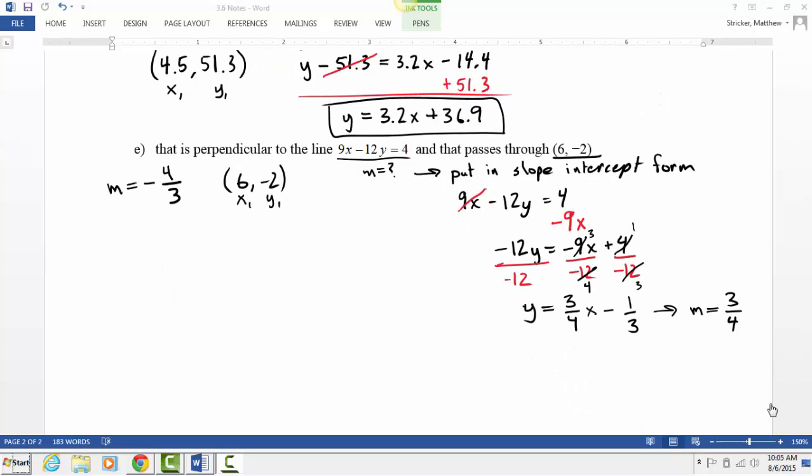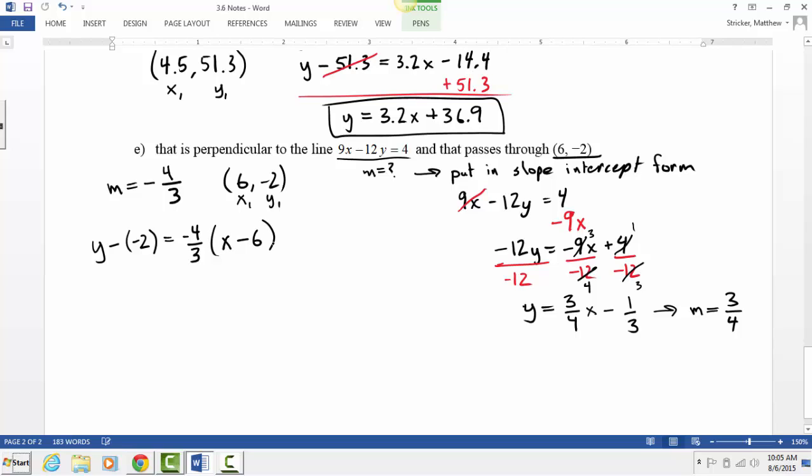So plugging in what we have here, we have y minus y1, and we have to be careful here with the sign. It's going to end up becoming a plus 2, right? Equals a slope of negative 4/3 times x minus x1, which is 6. And then we go ahead and simplify. This becomes y plus 2, the double negative rule. Distributing, we have negative 4/3 times x is negative 4/3 x, and then do some math off to the sides here. We have negative 4/3 times negative 6 over what?